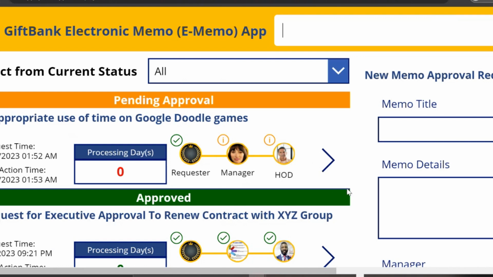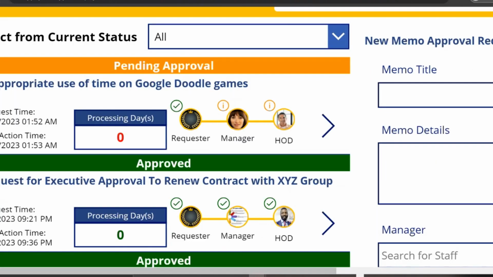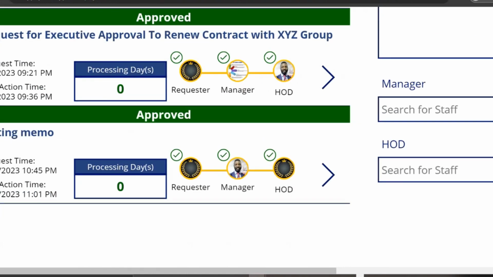And in some cases, you might also see the cancel badge. That cancel badge simply means the action that was taken was a reject. So you can see the testing memo. In the testing memo, you can see the time it was initiated. This was initiated in March around 10:45 p.m., and all the approvals down to the final approval by the HOD were concluded around 11 p.m.